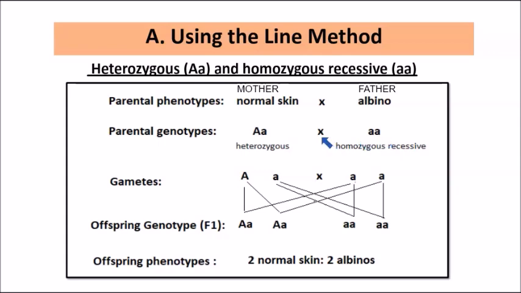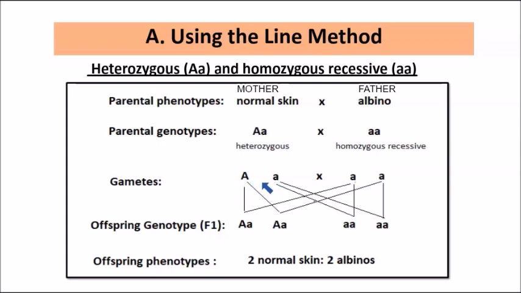So using the line method, we're going to have the gametes. Remember the gametes, the sperm and the eggs, usually have half the amount. Gametes are haploid, so they're not going to have the full complete set of chromosomes. What you're seeing represented here is that you're just going to have the dominant allele and the recessive allele from the mother's genotype separated, to represent that this particular dominant allele would be found in one egg and the other would be found in another egg.